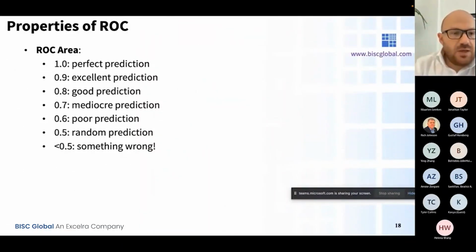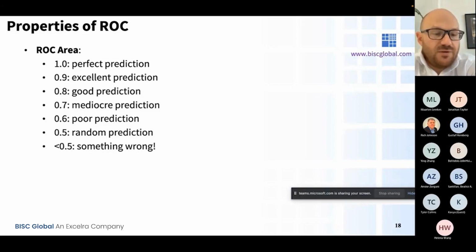Definitely something needs to be changed. Okay, so what are the properties of the receiver operating curve? When we look at the area, one of the questions most people ask is, what is the area under the ROC? It tells you how good your model is. If the area is one, it's a perfect prediction, 0.9 is an excellent prediction, and you see a degradation from there.